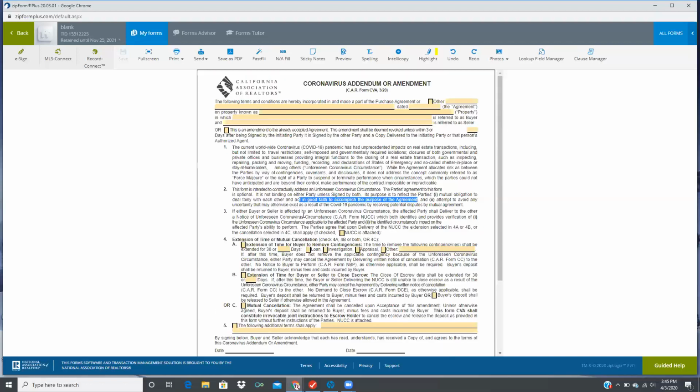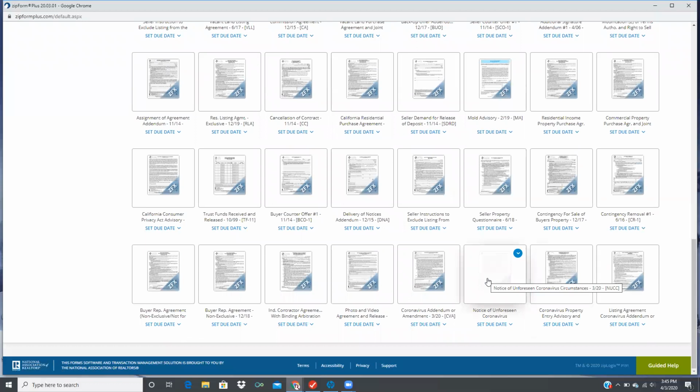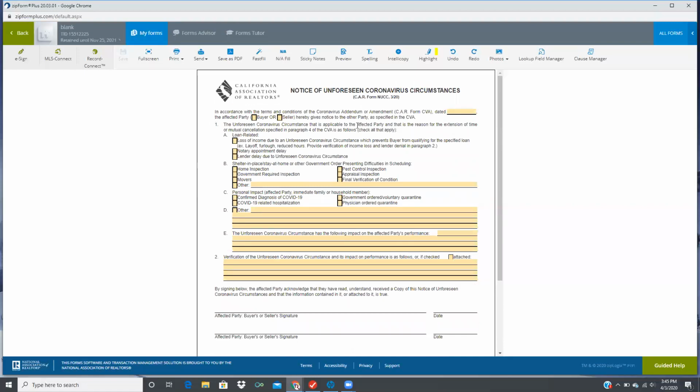But if you already have this in place and something happens, you can just use the new form that they sent out, which is the Notice of Unforeseen Coronavirus Circumstances, the NUCC. So this is what you would use in conjunction if you have the CVA in place.